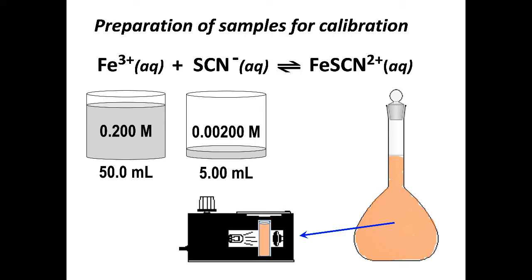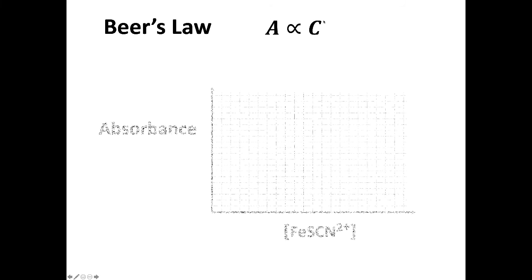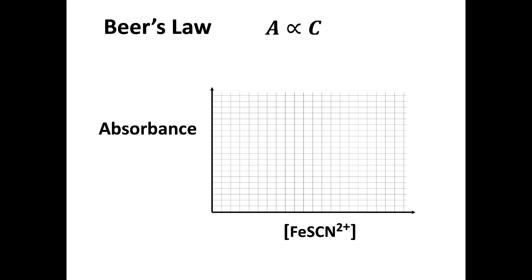All right, so we now are going to remember that absorbance is directly proportional to concentration. So if we make a graph of absorbance versus concentration, and we'll do concentration on the x-axis and absorbance on the y-axis, and we will plot our data points carefully. And if you do it right, you should get a pretty straight line.